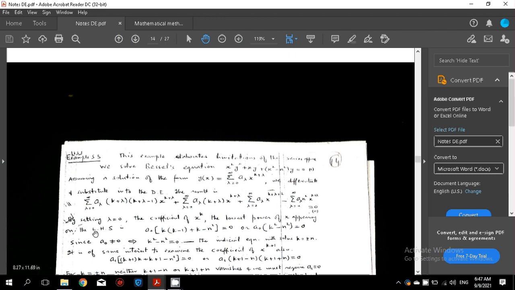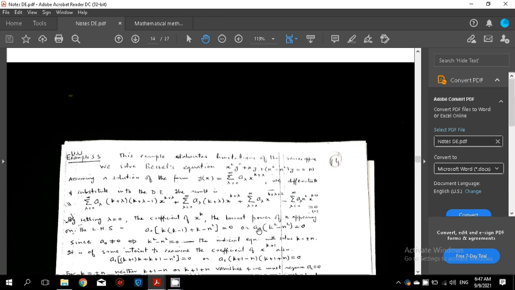Now by setting lambda equal to 0, the coefficient of x to the power k is the lowest power of x appearing on the right hand side, and when we compare the coefficients of the minimum power of x, the right hand side is 0. So from here we get the equation a naught into k square minus n square is equal to 0.